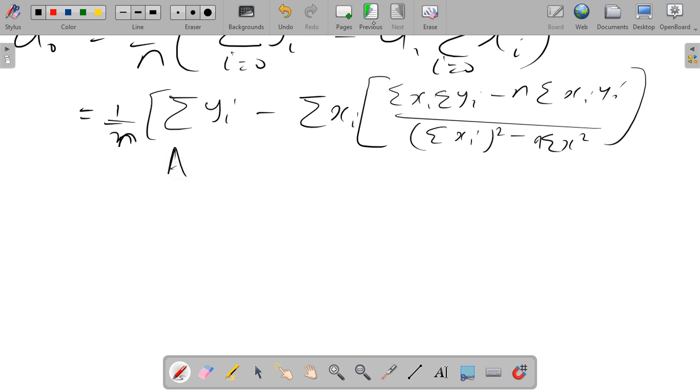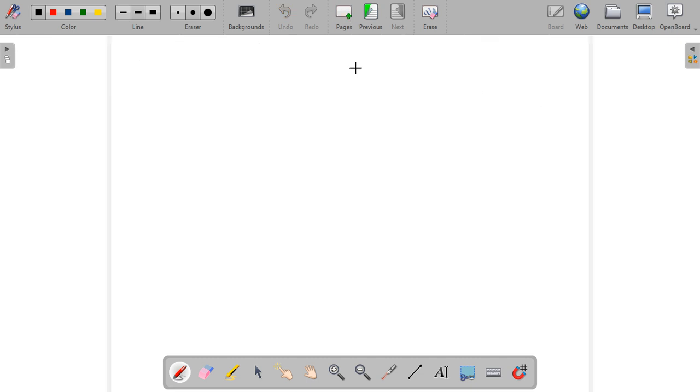Okay, let me go to the next page. So alternatively, the last method, you will like the last method. Okay, alternatively. So don't forget what we have. Let's start from the residue.